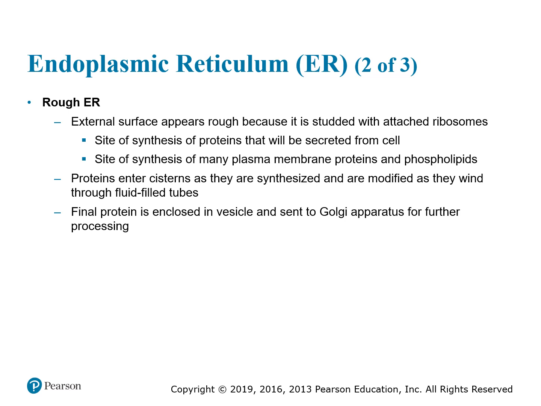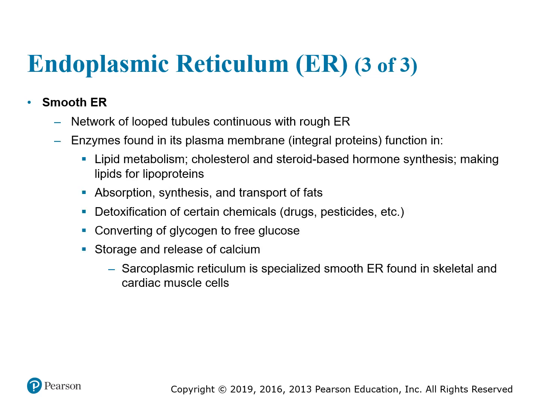Remember, ribosomes are the site of protein synthesis, and if you're synthesizing into these flattened sacs, essentially, you're sending these proteins into the cisterns to be modified within. After the modification has occurred, you can package it and then send it to the Golgi apparatus for further processing.